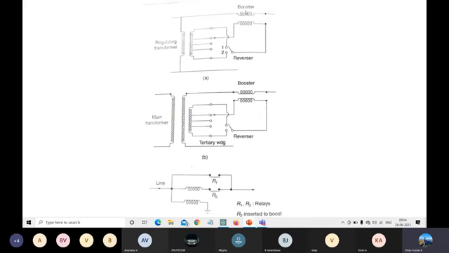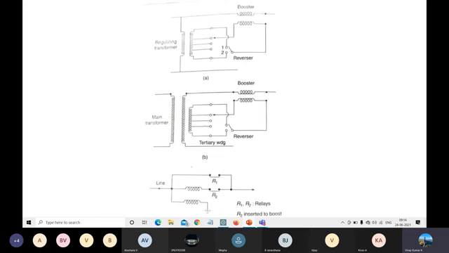And if you are injecting the current in a less amount compared to the main transformer, at that time the polarity of the booster transformer will be reversed, and that is changed into a buck transformer. So the rating of this buck transformer or boost transformer is very small when compared to the main transformer. Okay, very negligible rating, very small rating compared to the main transformer.